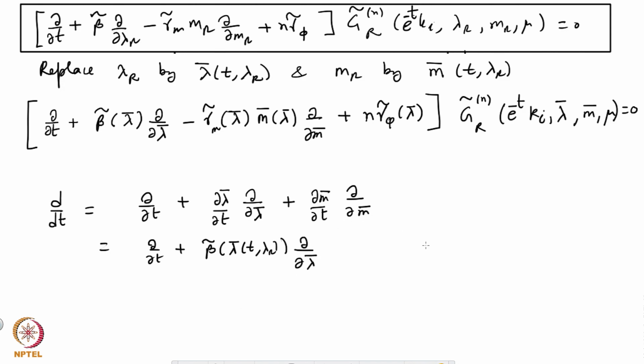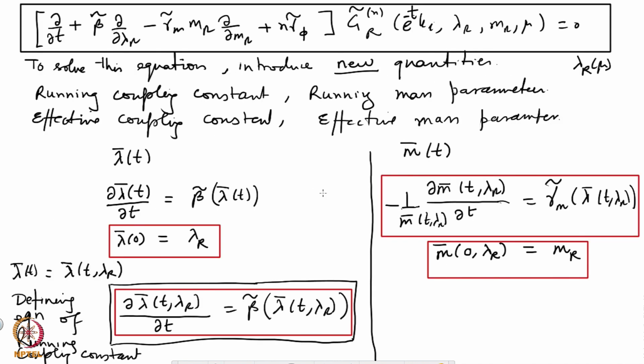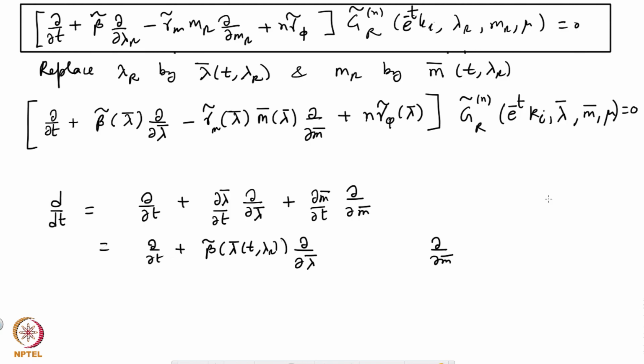Now this term, del over del m bar. What is del m bar over del t? It is minus 1 over m bar gamma tilde, so you take that to the other side. So del m bar over del t is minus m bar gamma tilde.